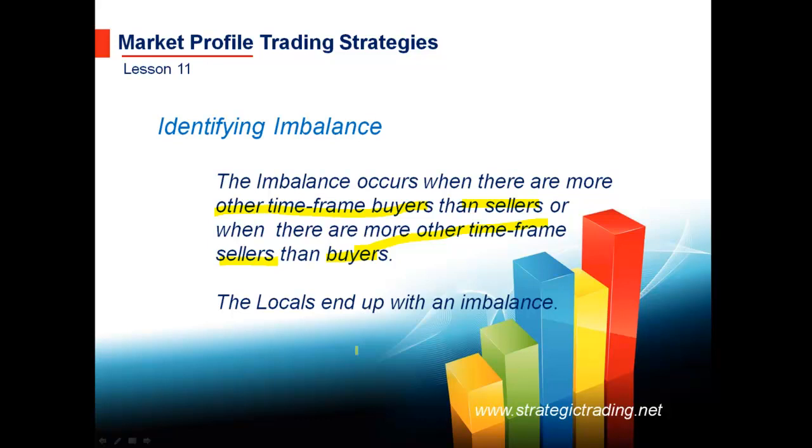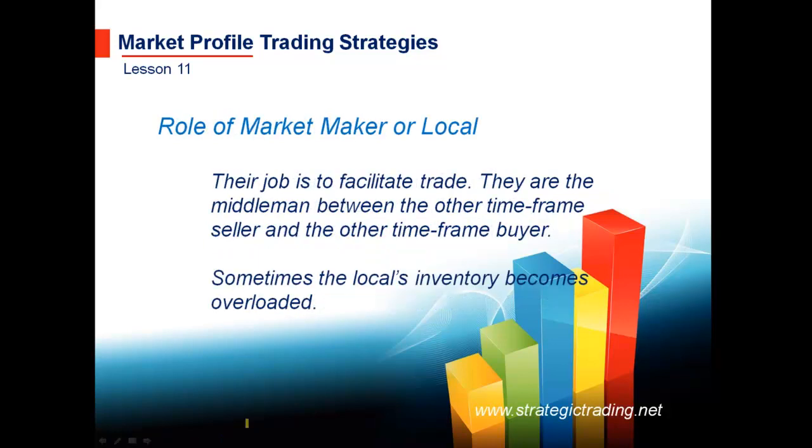What does this really do to the market? Well, the locals end up with this imbalance. And let's explain a little bit what we mean by all this. Let's backpedal a little bit and talk about the role of the market maker or the local and why it really disturbs them when they fall in an imbalanced situation.